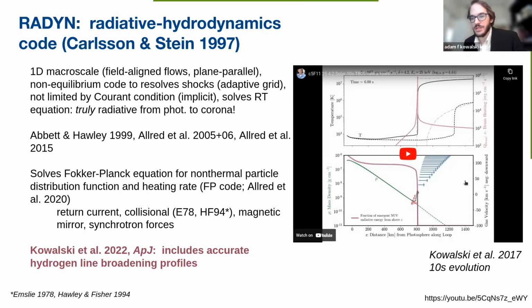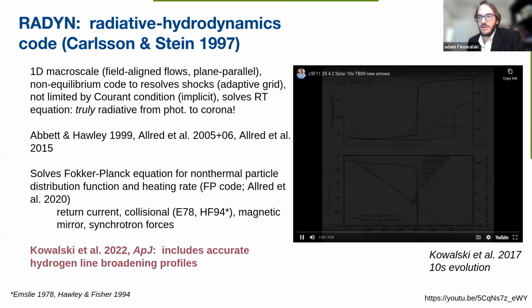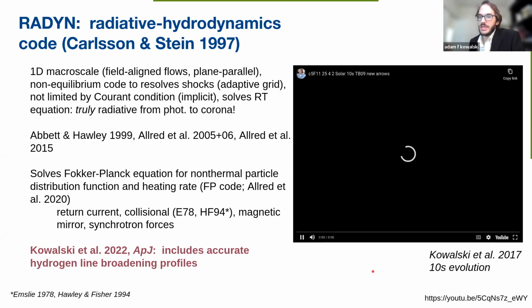In the bottom panel, I just want you to pay attention to the gas density, which is the green. Before the flare, it's an exponential, but in the flare, you'll see very interesting changes in the gas density. I'll loop this here, and this occurs over about 10 seconds.